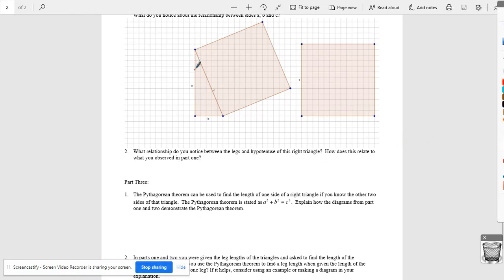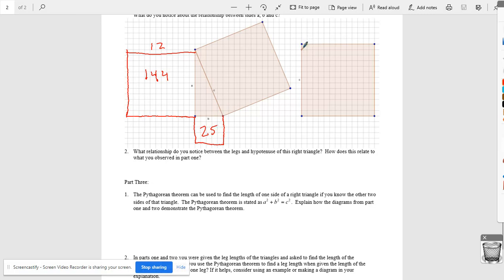So if we repeated this process here and figured out our areas, we would find, okay, we've got, counting the squares, a 12 by 12, which is 144, and a 5 by 5, which we just found out to be 25.